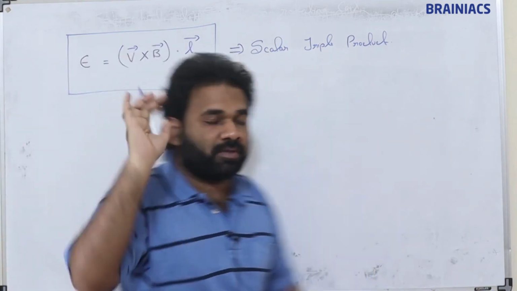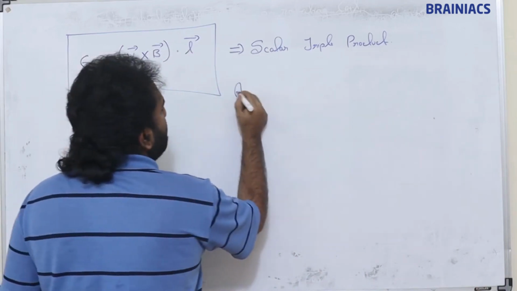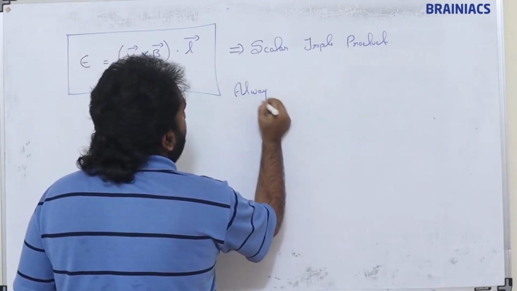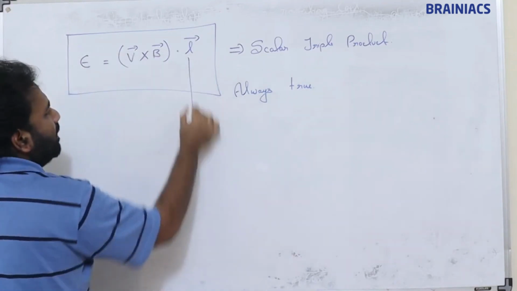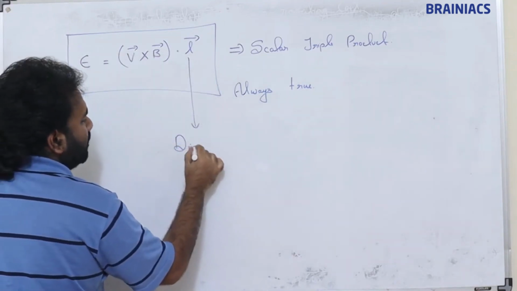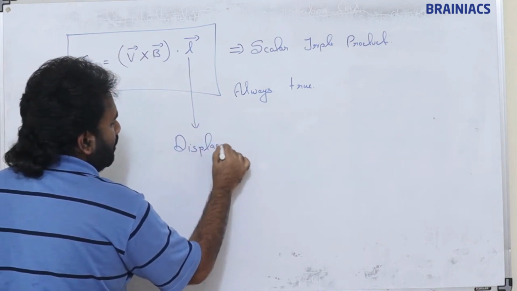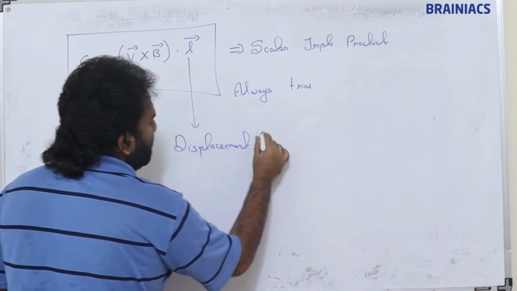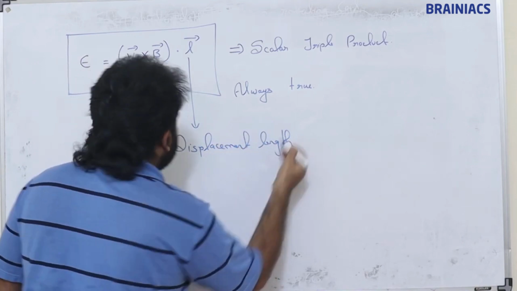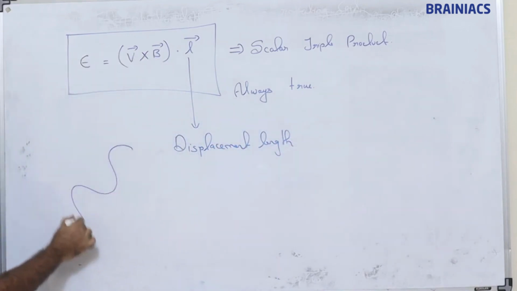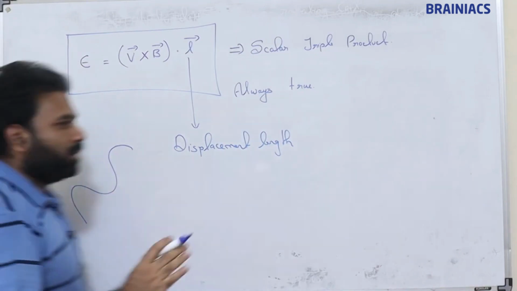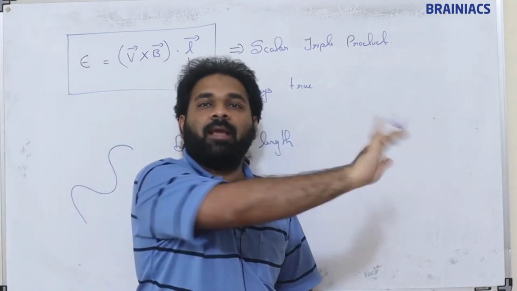This is always true, whether it is mutually perpendicular or not. And this length is the displacement length. Suppose a conductor is kept like this, then we need not take this length.